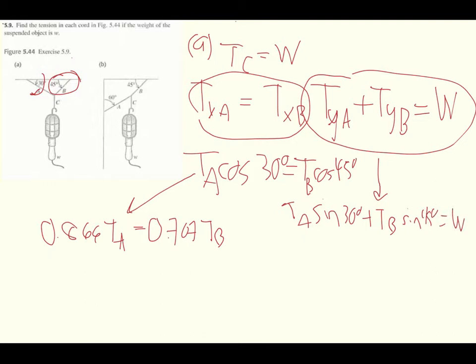And again, we're going to be able to play the exact same game with those. We're going to say 0.5, because that's sine of 30, T_A, plus, again, 0.707 T_B equals W. Well, you can see we have two equations and two unknowns.